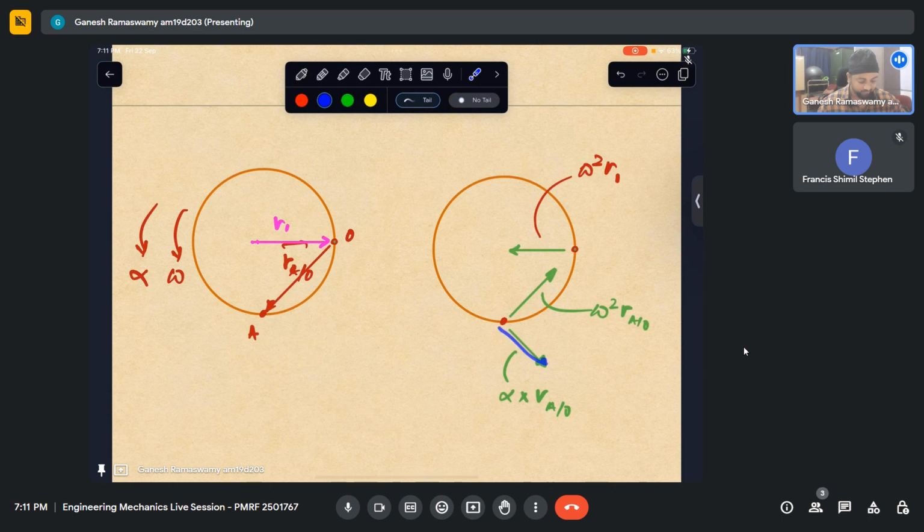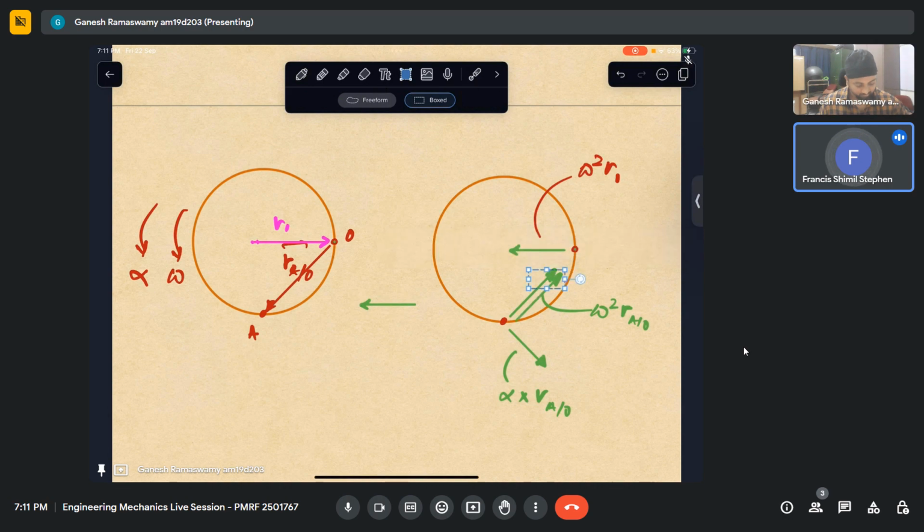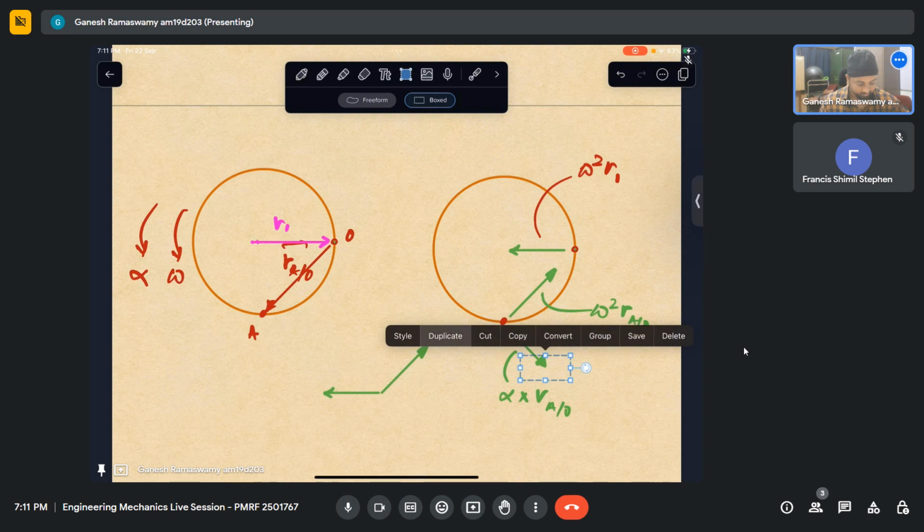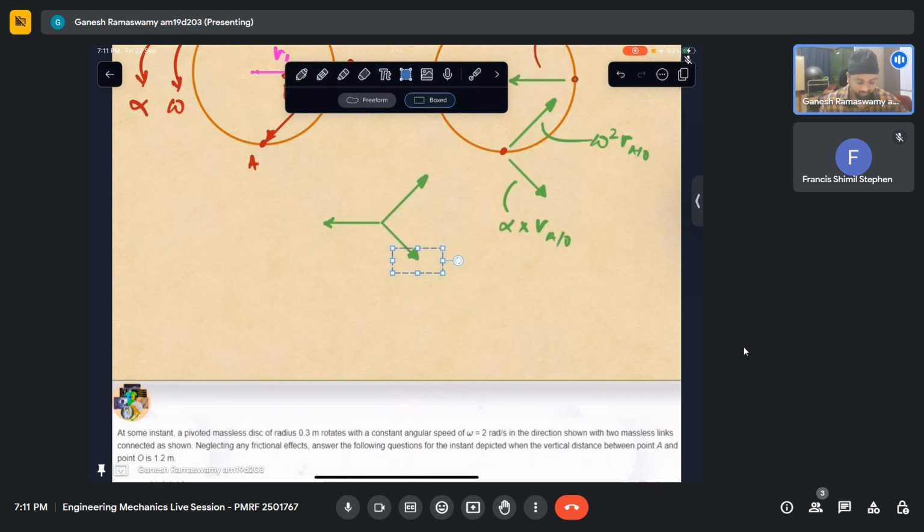So when we add up these three, that is what I did vectorially. This was the first term, this was the second term, centripetal. Third term was this, the tangential term. And then we are correcting it for the acceleration of the origin itself, which we have taken. That is all there is. So if I add up these three vectors, I will get my acceleration.